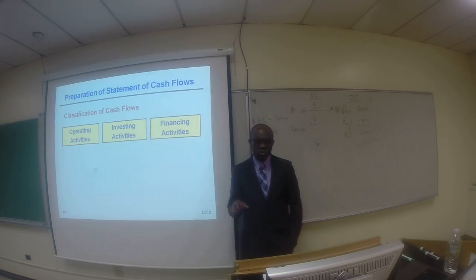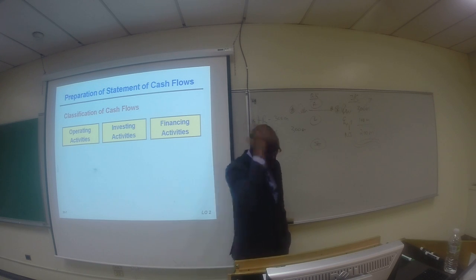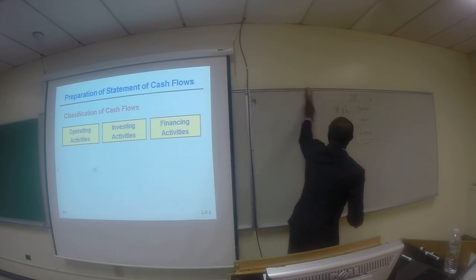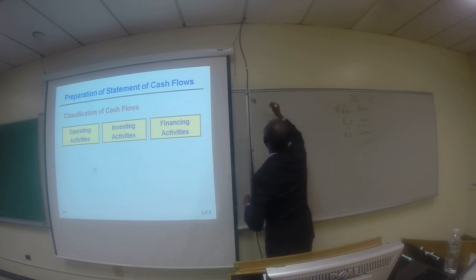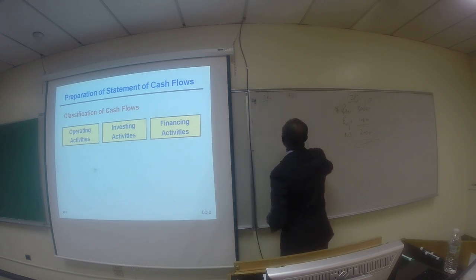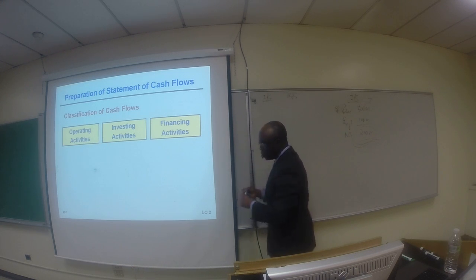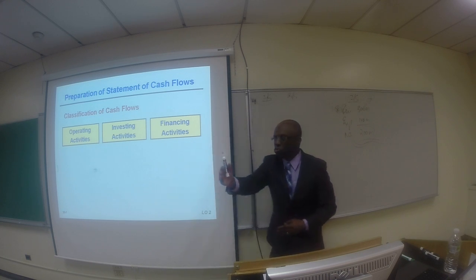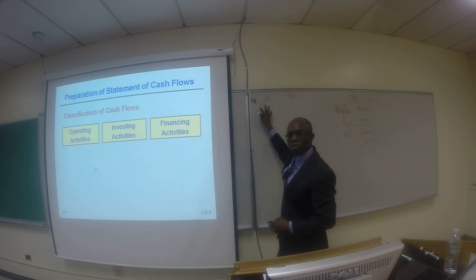Preparation of statement of cash flows, classification of cash flows. Now, take a look at this. We are already comfortable and very familiar with the income statement and the balance sheet elements. So if I ask you where the sales revenue is reported, you are going to tell me revenue is reported in the income statement, right?